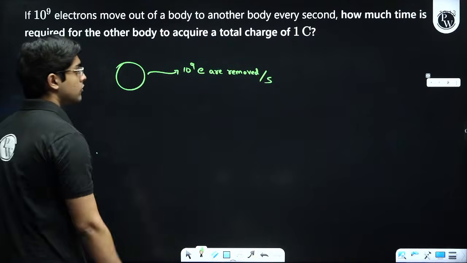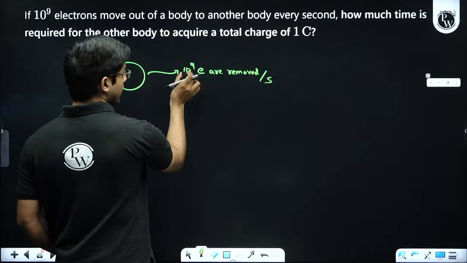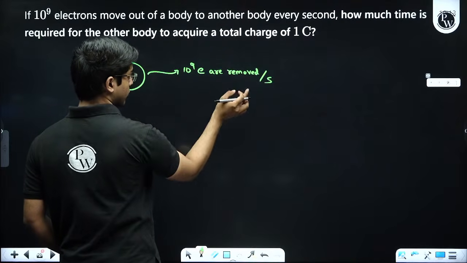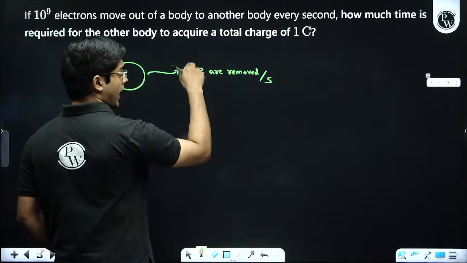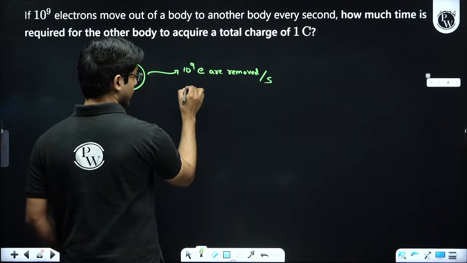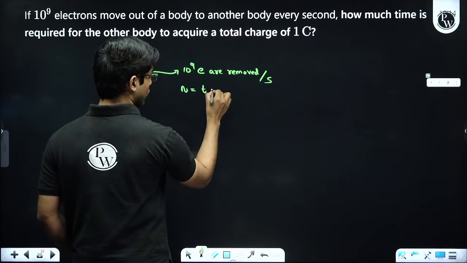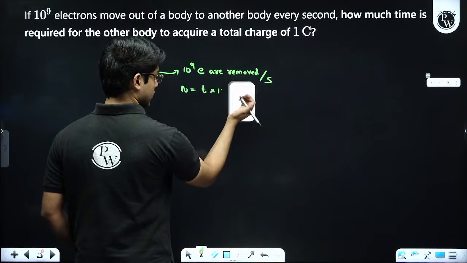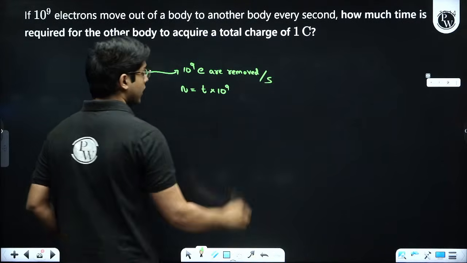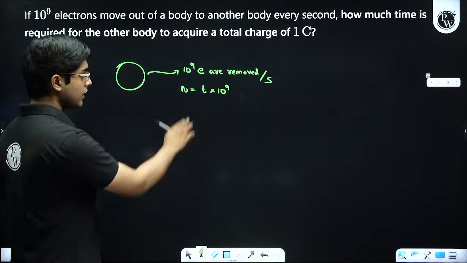In t seconds it is easy, just use the unitary method. If 10 raised to 9 electrons are removed in 1 second, then in 2 seconds it will be 2 into 10 raised to 9, and in t seconds the number of electrons removed will be t into 10 raised to 9.